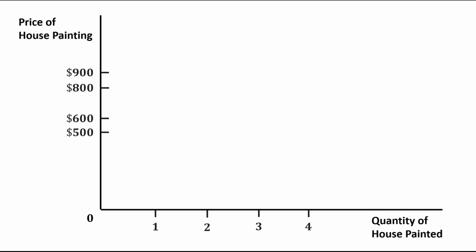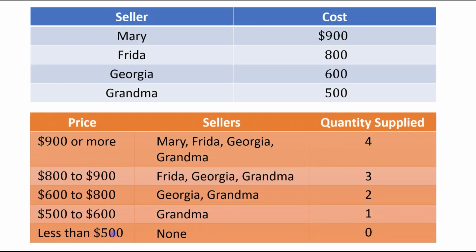Here we have this vertical axis and this is the horizontal axis. This is the origin. On the vertical axis we have taken price of house painting, and on the horizontal axis we have taken quantity of houses painted. So let's see this case first.